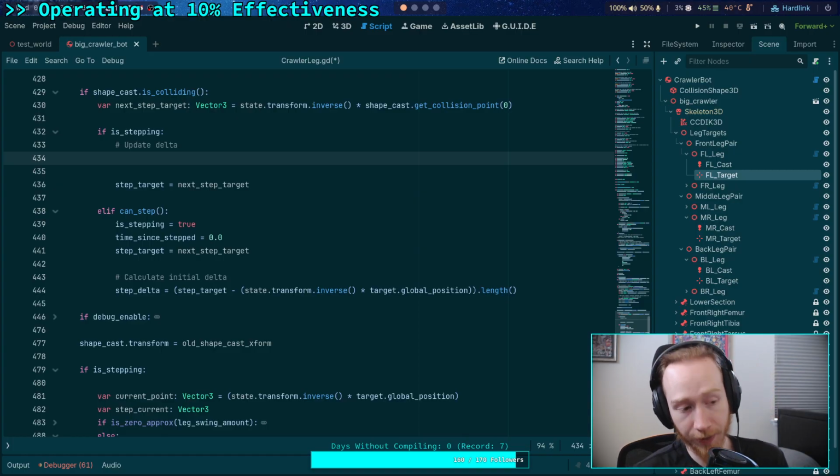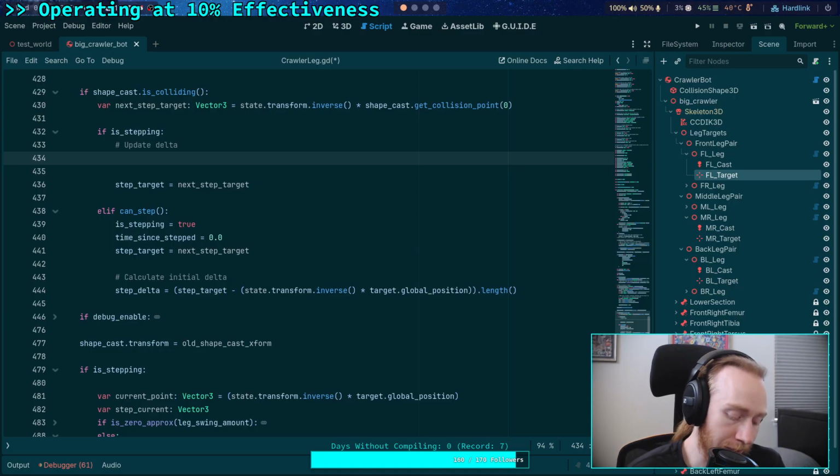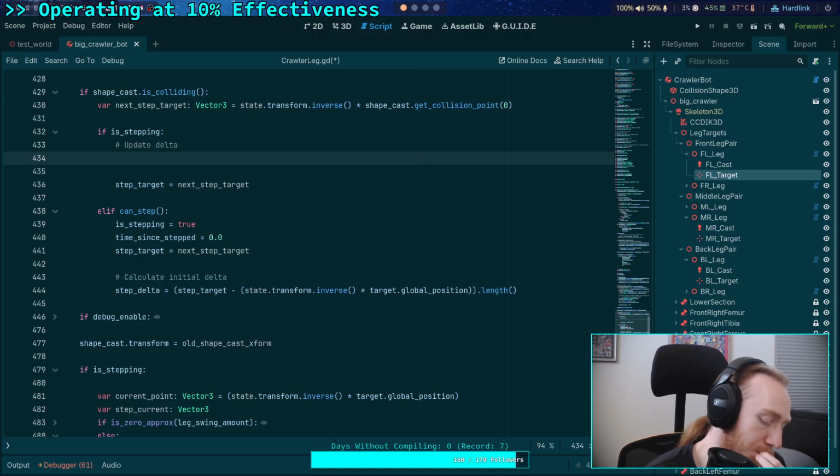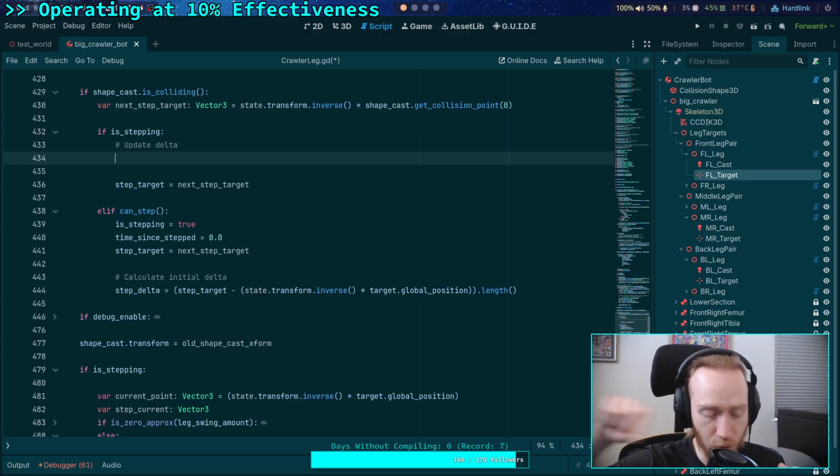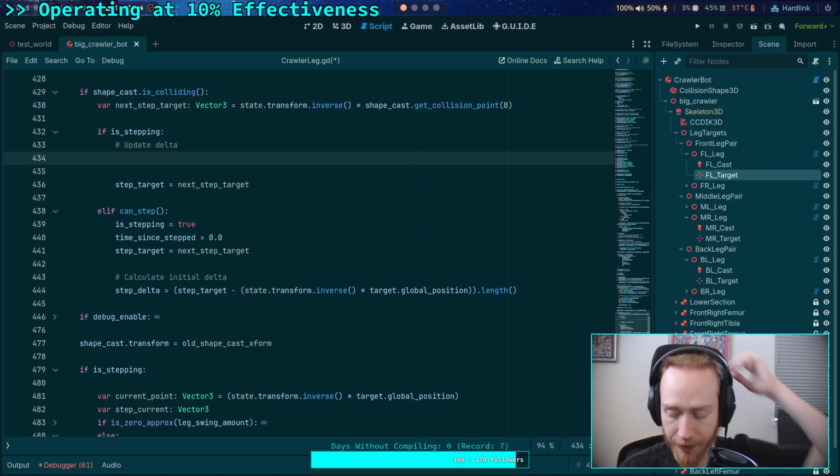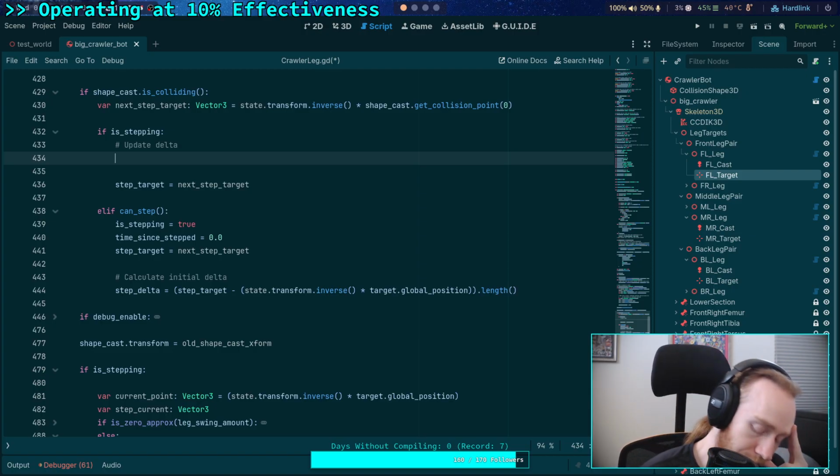I could say if the two vectors are well aligned, then I'm just increasing or decreasing. But otherwise, like if it teleports or something and the angle changes dramatically, then I could essentially say I start a new step.